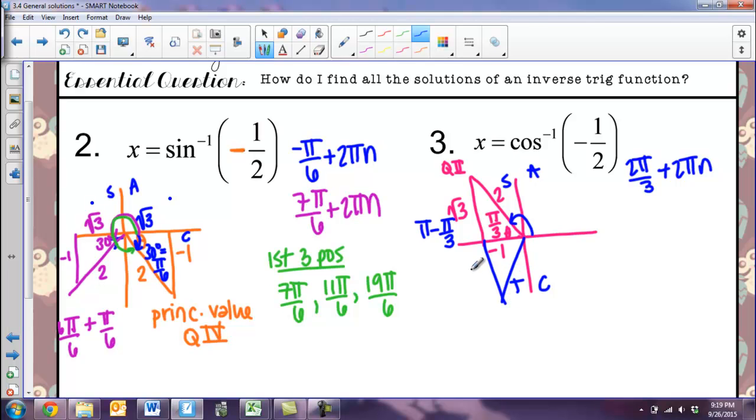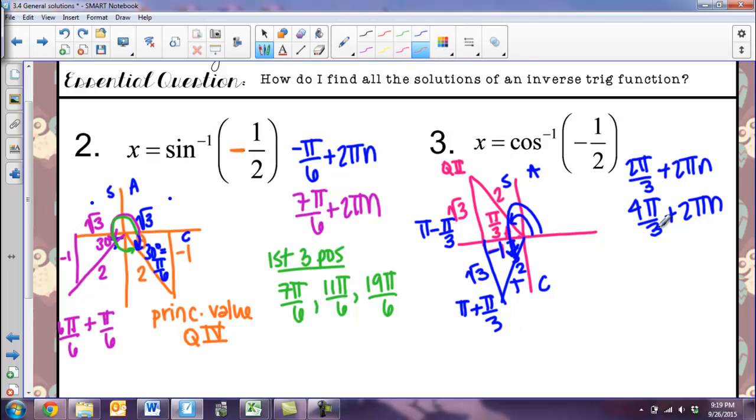You can label your triangle and know that this is √3, -1 still over here, and 2. And then you know that this angle is again pi over 3. If I take pi and add pi over 3, that would get me this entire angle, and I would find out my other solution would be 4 pi over 3 plus 2 pi n.